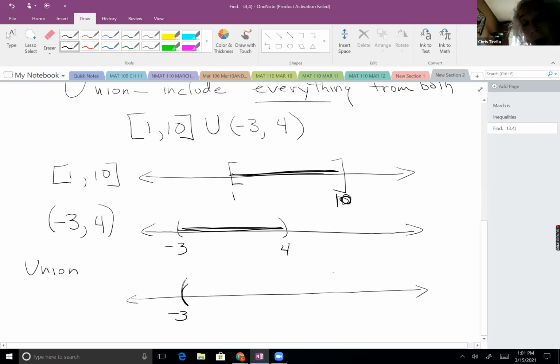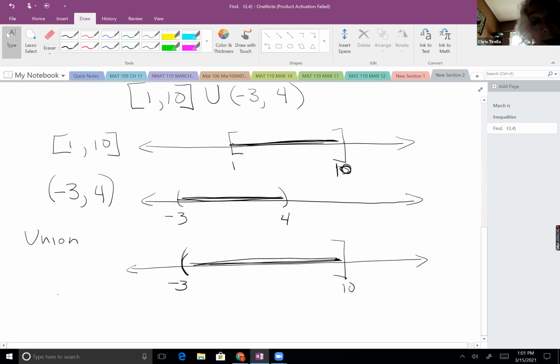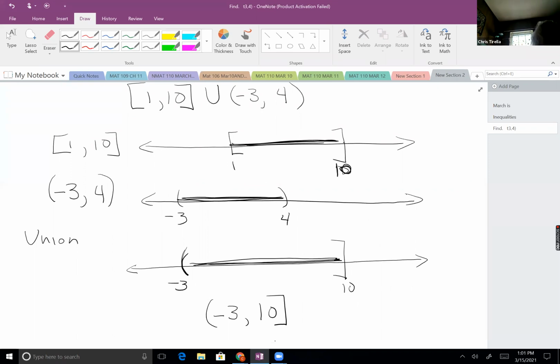And then the highest I'm going is 10, and I can include the 10 because it is in that first set. And so this would be the half open interval, open at -3, closed at 10. And so here I'm not just looking for overlap, but I'm looking for everything from both combined.